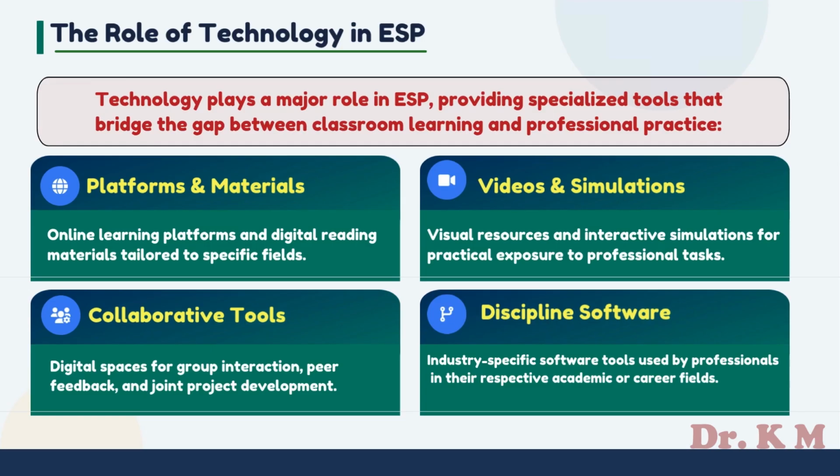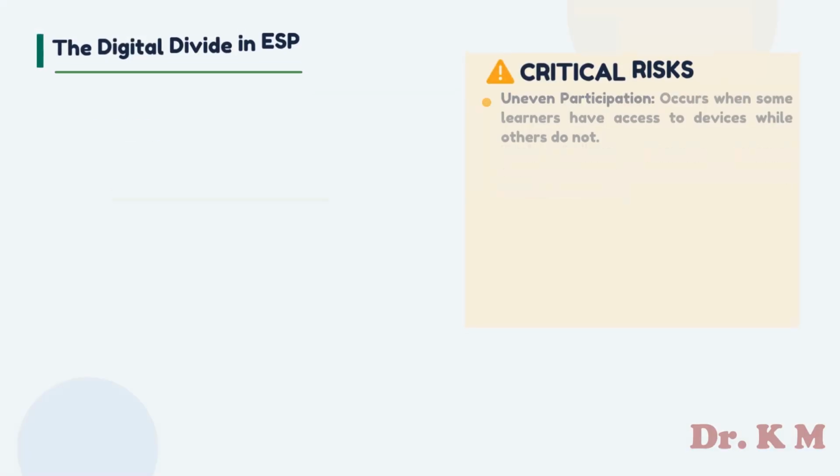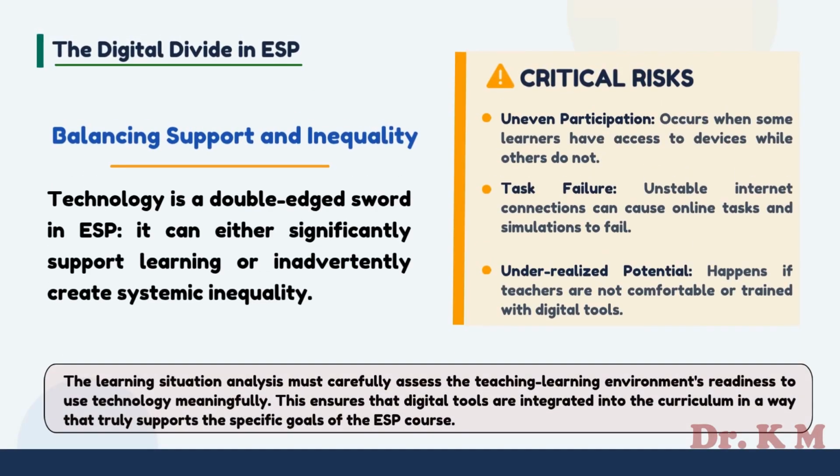Technology plays a major role in ESP. Many ESP courses use online learning platforms, videos, simulations, digital reading materials, collaborative tools, and discipline-specific software. However, technology can either support learning or create inequality.